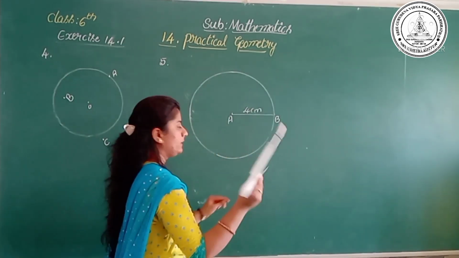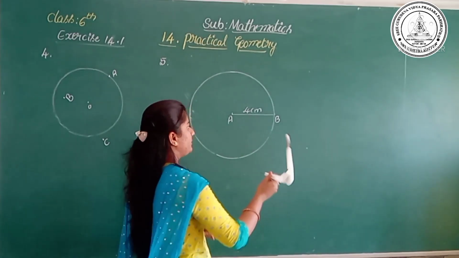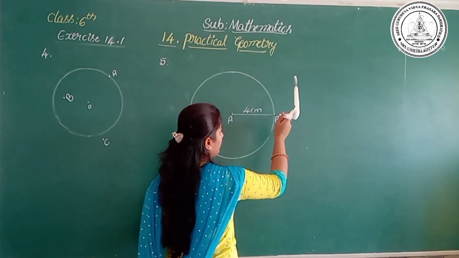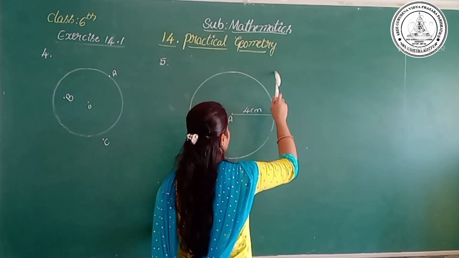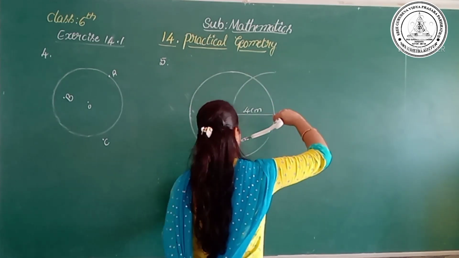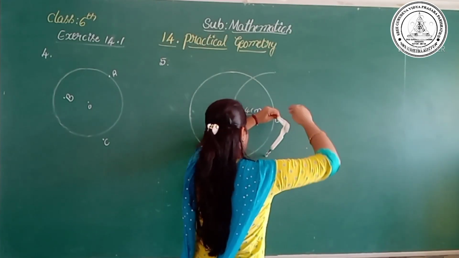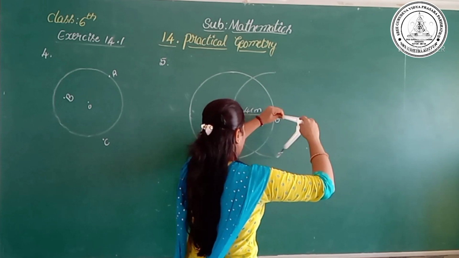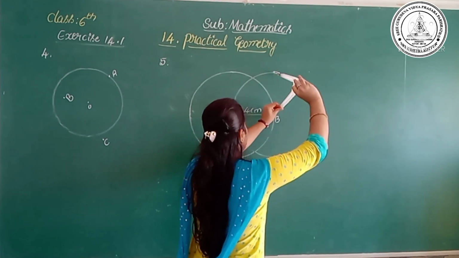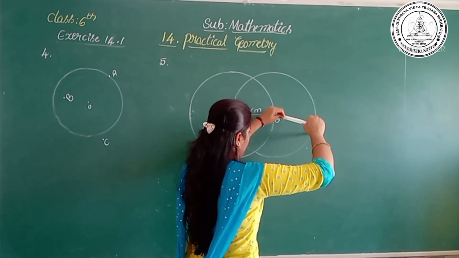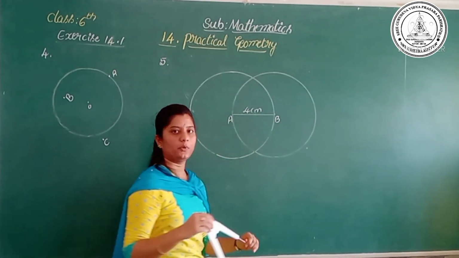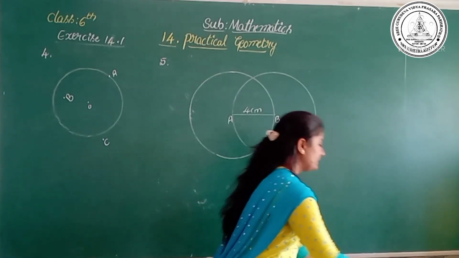With the same measurement, don't change it, draw a circle from the point B. Here it is a chalk piece, so it comes out a thick circle. You have to sharpen your pencil and draw a thin circle.